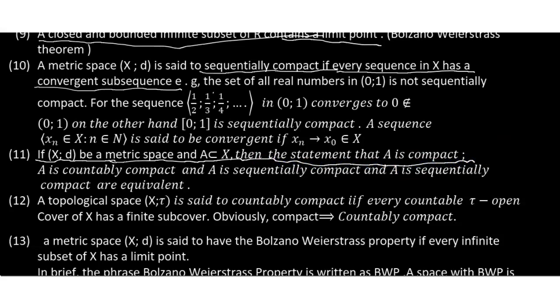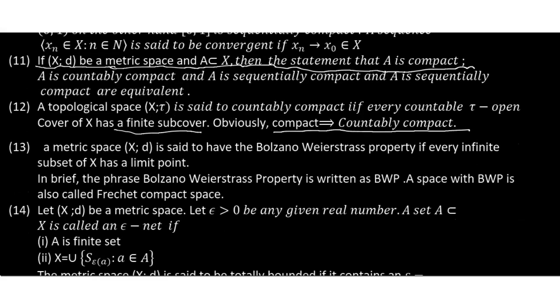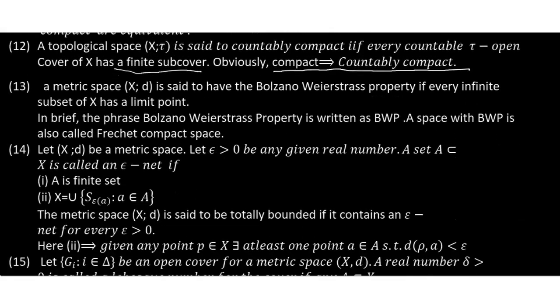A topological space (X, tau) is said to be countably compact if and only if every countable tau-open cover of X has a finite subcover. Compact implies countably compact. Next, a metric space (X, d) is said to have the Bolzano-Weierstrass property if every infinite subset of X has a limit point.